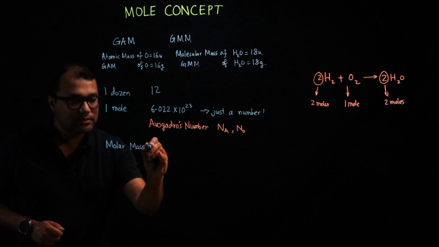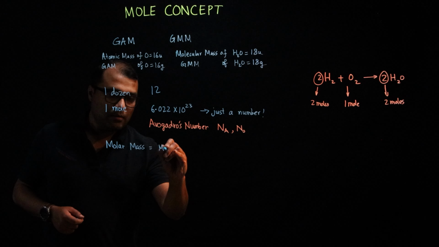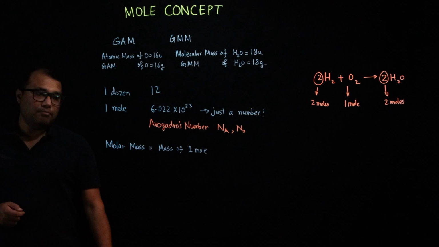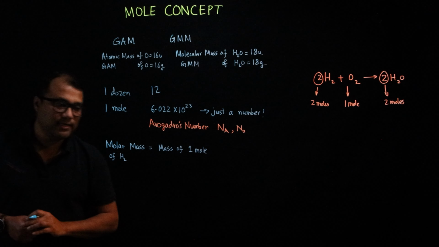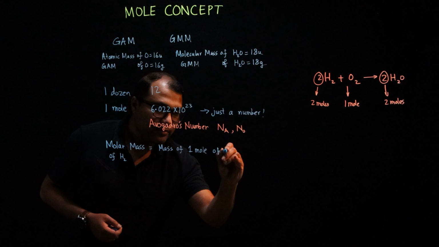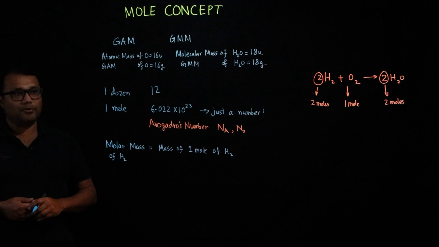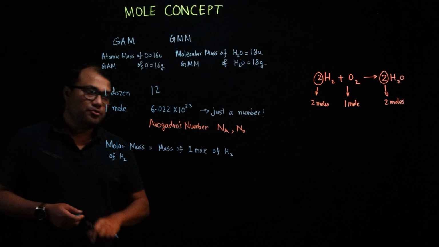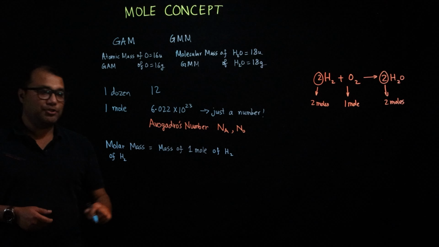What is molar mass? It is nothing but mass of 1 mole. So if I say molar mass of hydrogen gas H2 is mass of 1 mole of hydrogen H2, which means mass of Avogadro number of 6.022 into 10 to the power 23 molecules of H2.